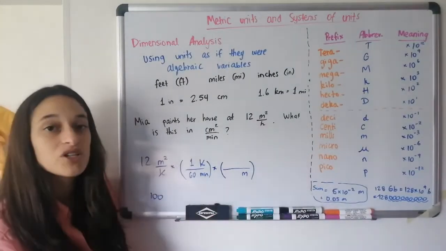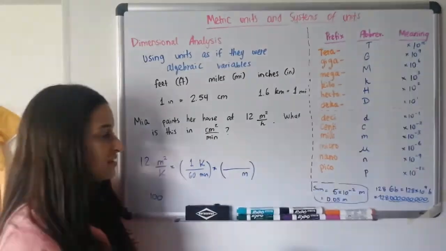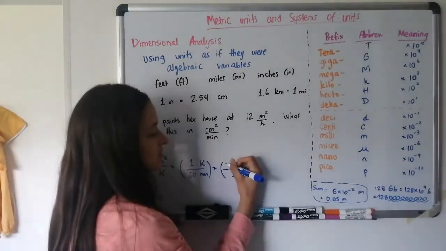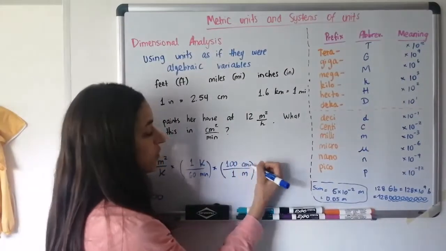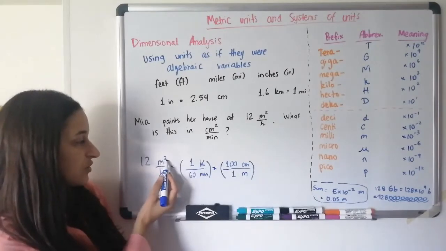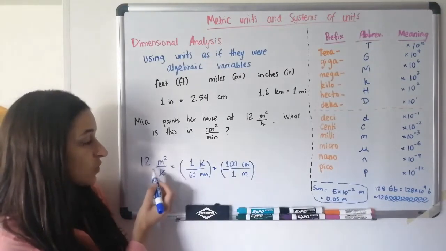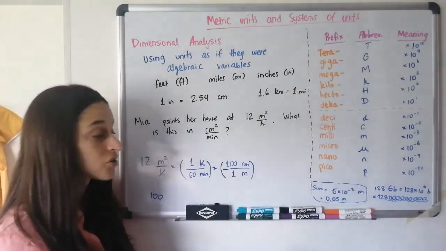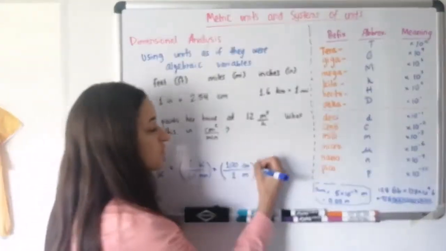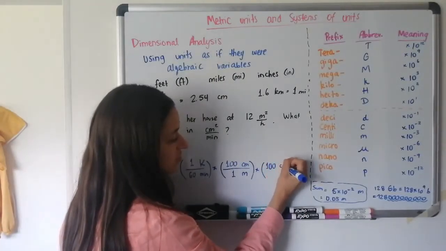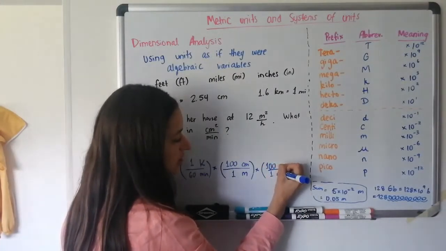So 1 centimeter is 1/100th of a meter. That means that in 1 meter, there are how many centimeters? 100 centimeters. So that would cancel out meters, but notice that we have a squared here. So it's going to cancel out one of the meters, but we need 2 meters on the bottom. So we multiply again by 100 centimeters per meter.